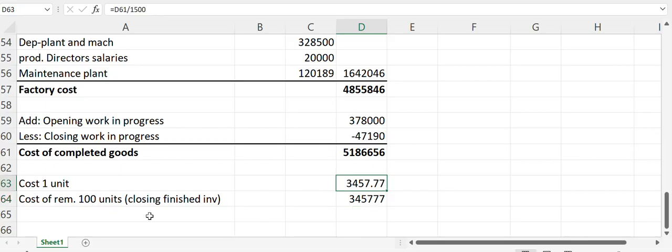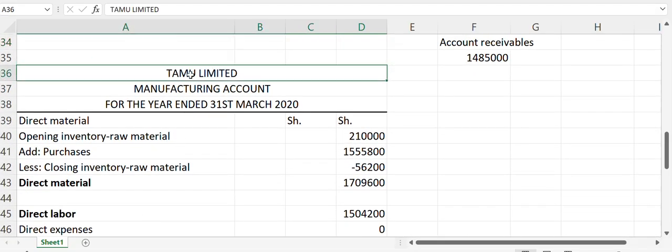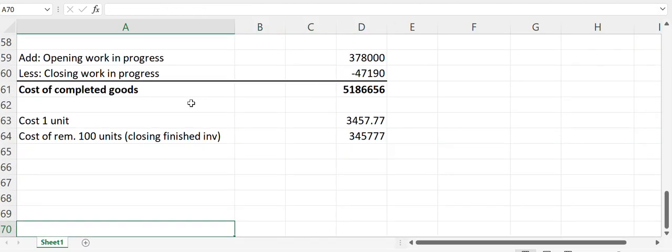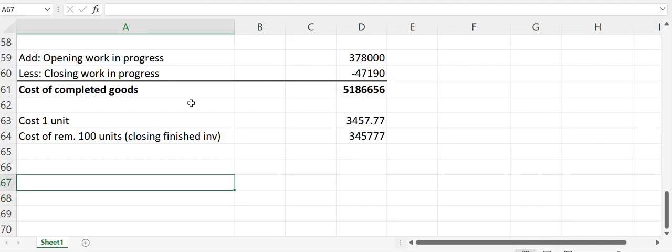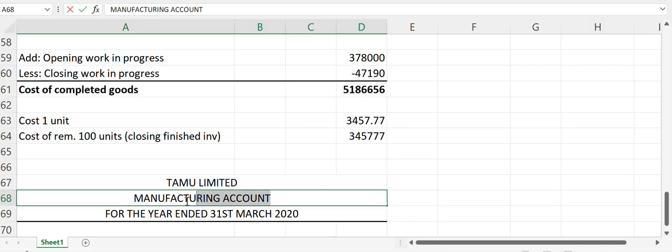So from there now we can proceed and open the income statement. We are required to open the income statement. So let us open the income statement. I'm going to replace this with the word income statement.